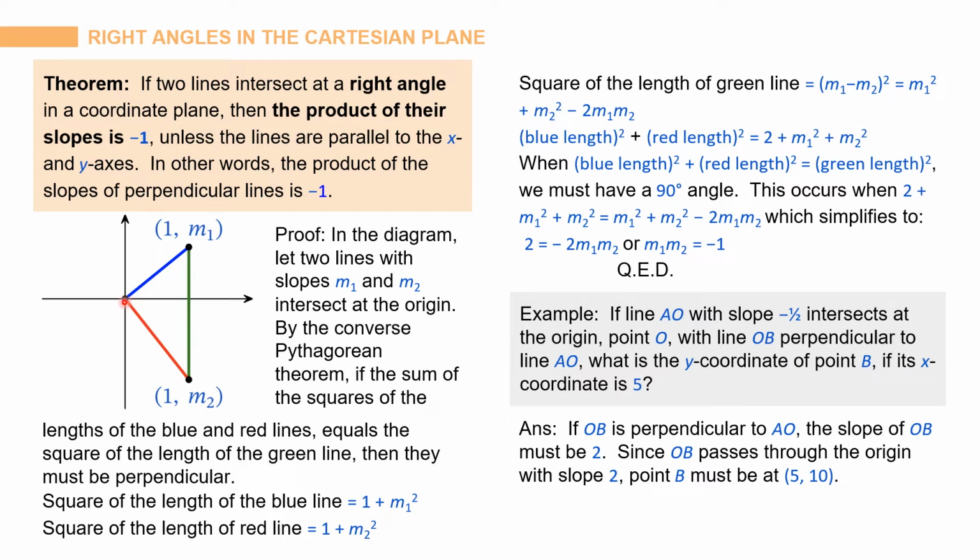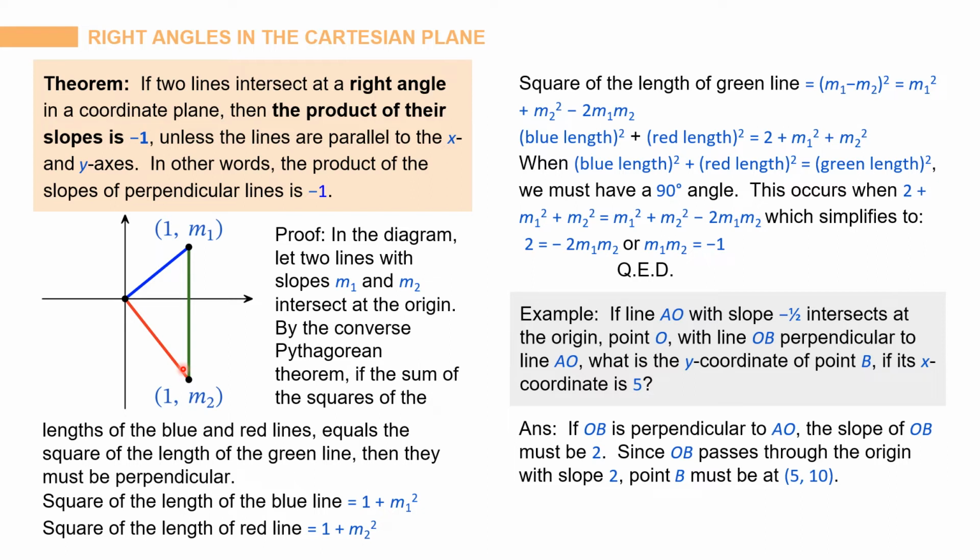That's why we picked the origin as one of the points, because then the difference between this coordinate and the other point is simply that coordinate itself. Similarly, the square of the length of the red line is 1 plus m2 squared. That's one of the beauties of the coordinate plane in calculating distances.